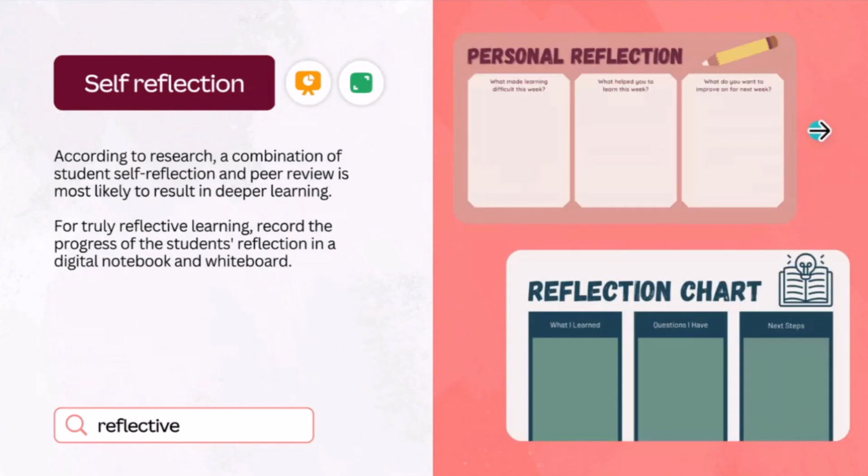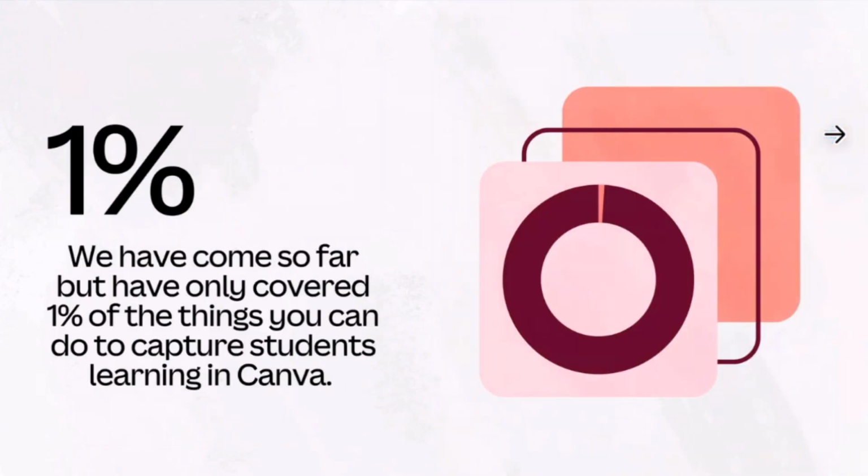And even thinking about our personal reflections, and this could be totally private, where you want a place for students to be able to reflect on their own learning, maybe what their struggles were, what helped them that week, maybe ways that they want to improve. There's some great templates that you can find in the library as well.